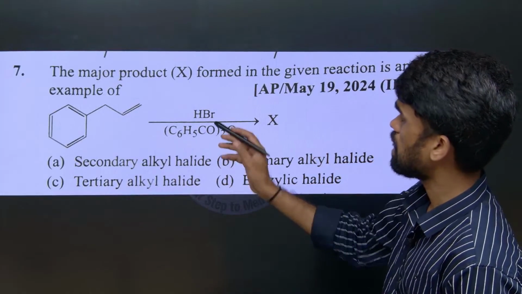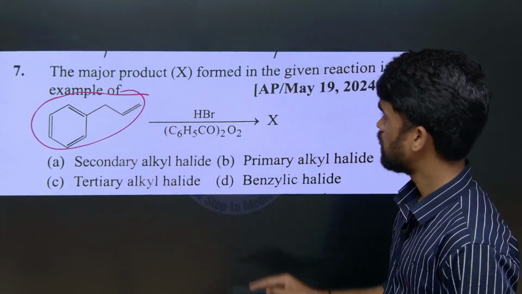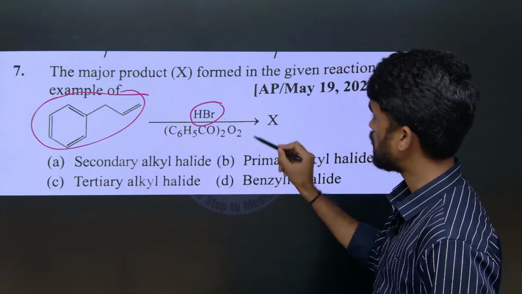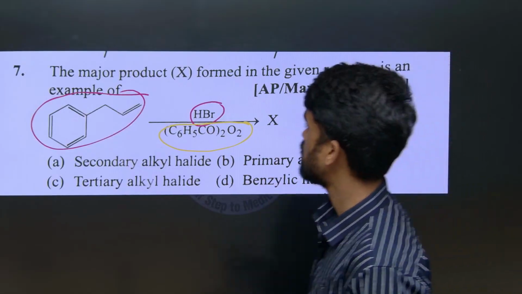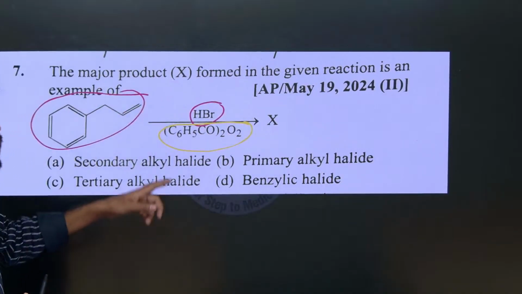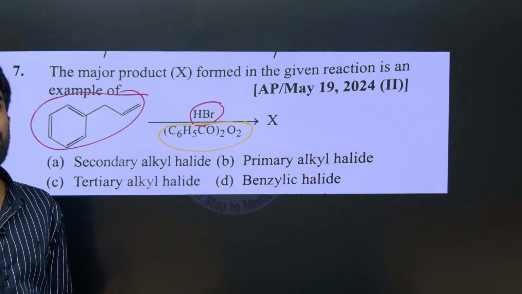Okay, so this I already told you, alkene is there, yes, to that HBr should be added, but in the presence of peracids, like a peroxide bond is there. So what we can discuss here: we know whenever alkene is there with HBr and peroxide, it follows the anti-Markovnikov rule.